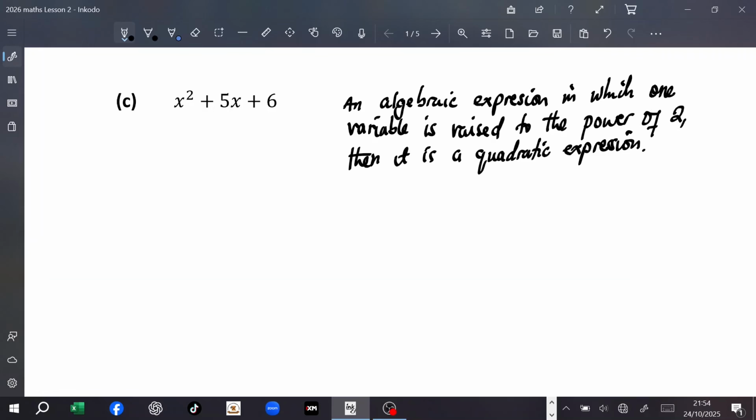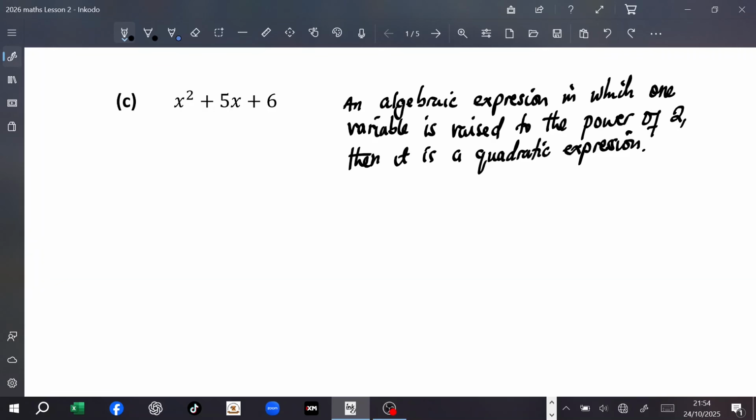So this one is a quadratic expression because we have a variable which is a letter. This term has a variable. This term also has the same variable, but this variable is raised to the power of 2. Because this variable is raised to the power of 2, therefore this whole expression here is known as a quadratic expression.